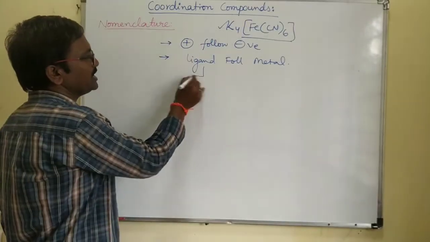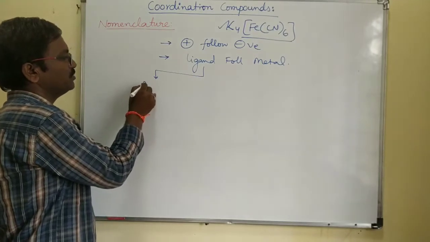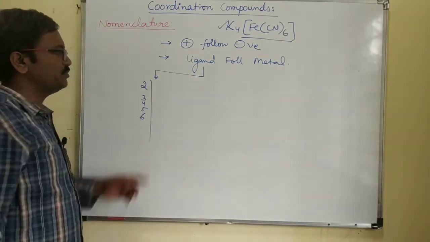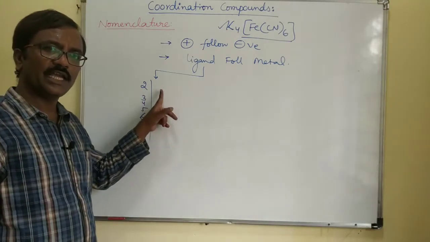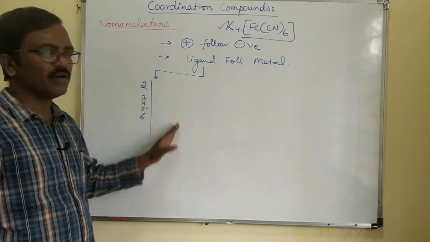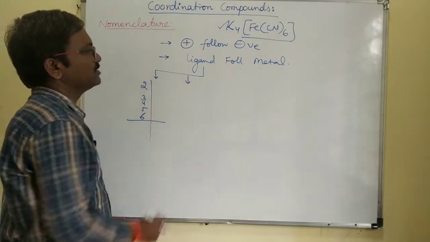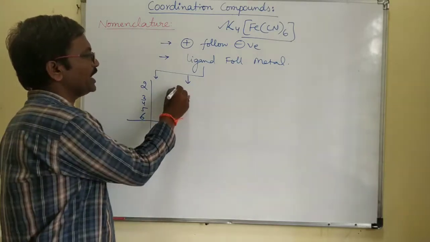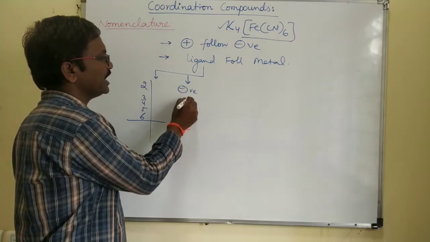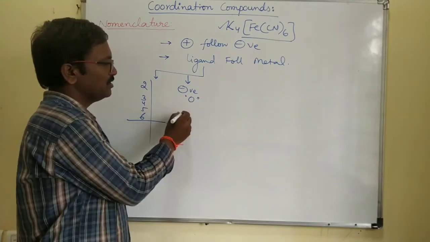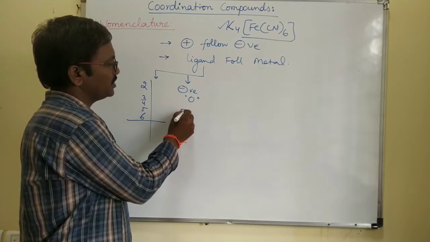If the ligand count is more than one, use di, tri, tetra, penta, hexa for simple ligands, and bis, tris for complex ones. If the ligand is negative, add the suffix O. If the ligand is neutral, just write the original name.